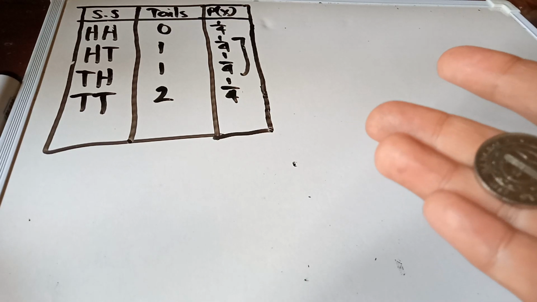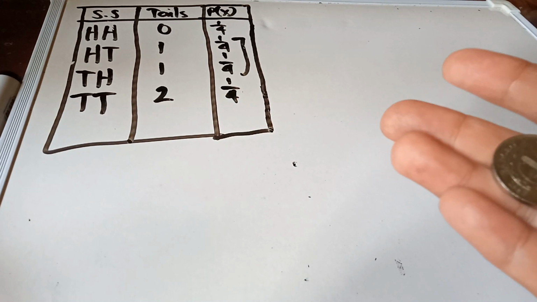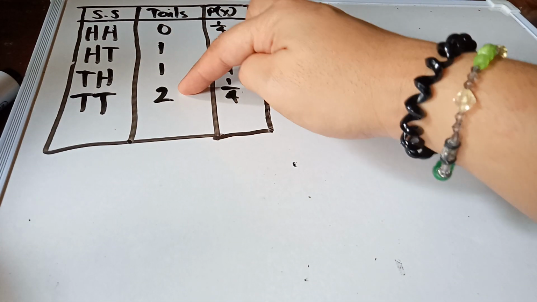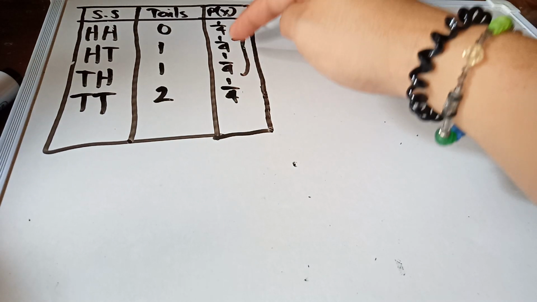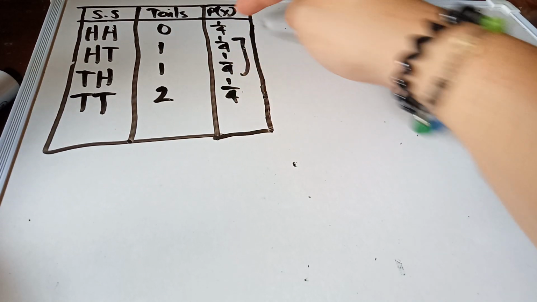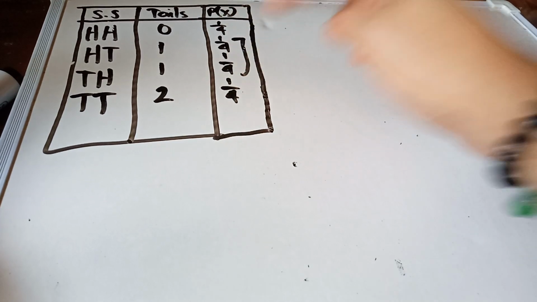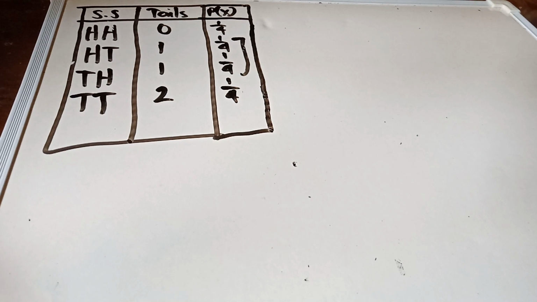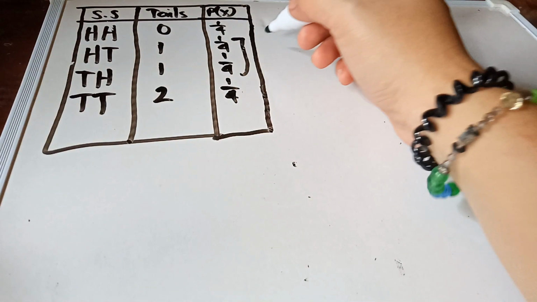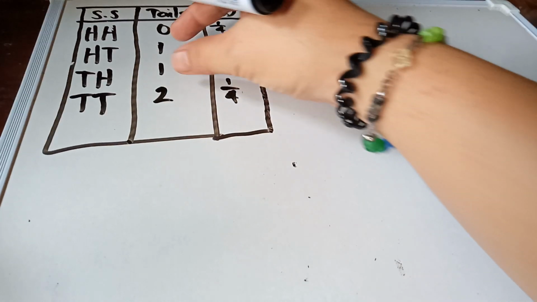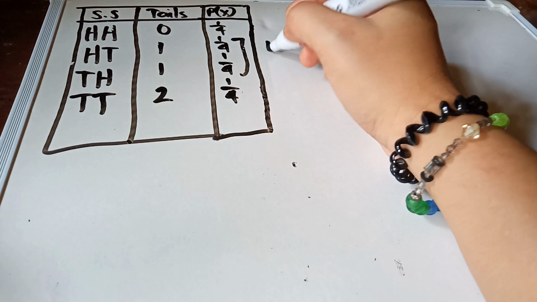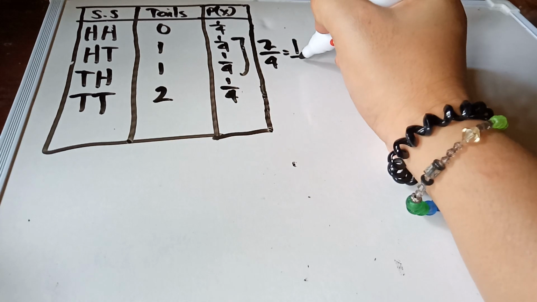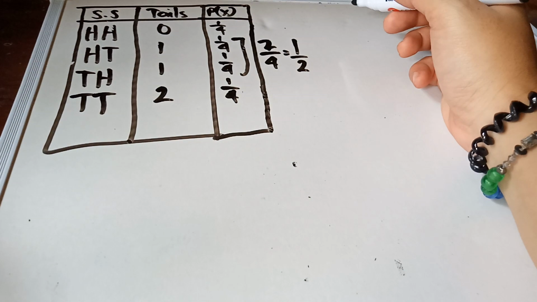So the probability is always how many? 1, 2, 3, 4, so over 4, over 4, over 4, over 4. So 1/4 plus 1/4 plus 1/4 plus 1/4 is equal to 1. And 1/4 plus 1/4, if we combine them, becomes 2/4, which is replaced by 1/2.